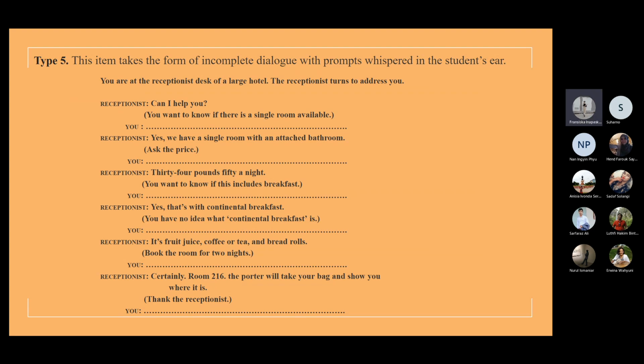You are at the receptionist desk of a large hotel and the receptionist turns to address you. The receptionist asks, "Can I help you?" And then the bracket says you want to know if there is a single room available. So there is an instruction to the test takers about what they have to say after the receptionist asks.